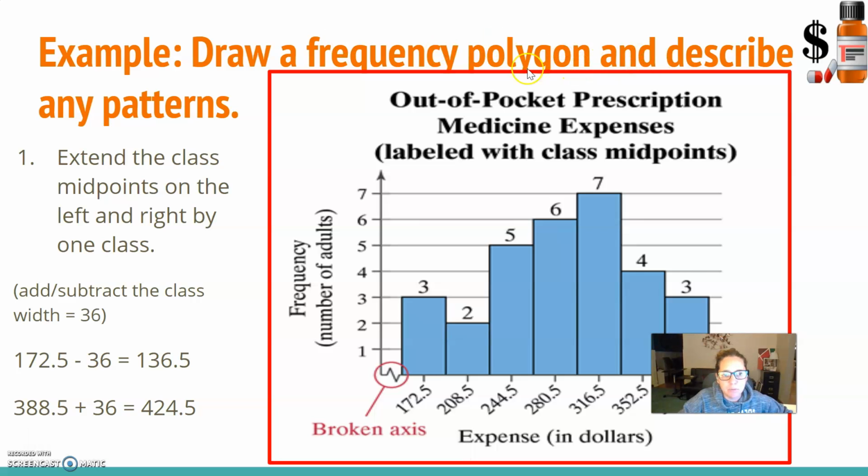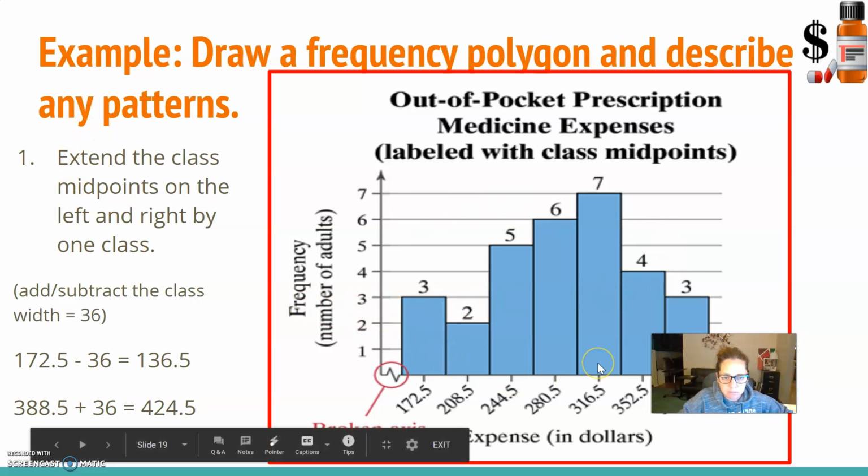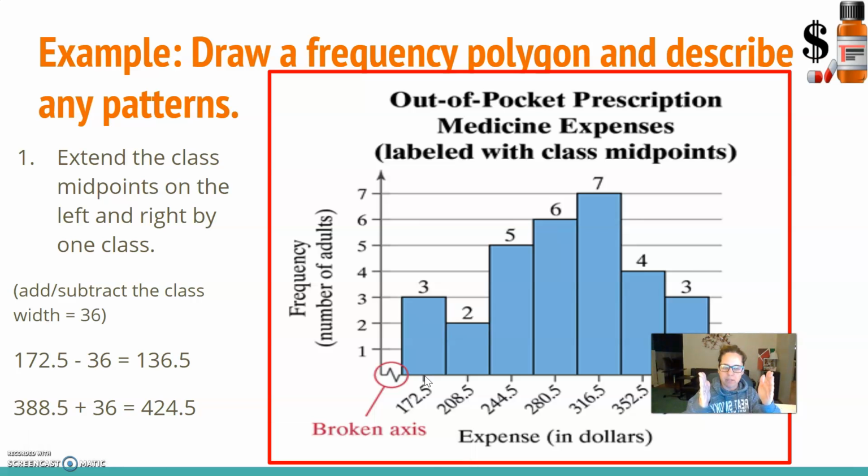The question says, for example, draw a frequency polygon and describe any patterns. Basically, you look at what you already did, all the information you already gathered, but instead of it being a bar and stopping at 172.5, you need to extend those midpoints, and you do have to use the midpoint. You extend those midpoints out one more class each.